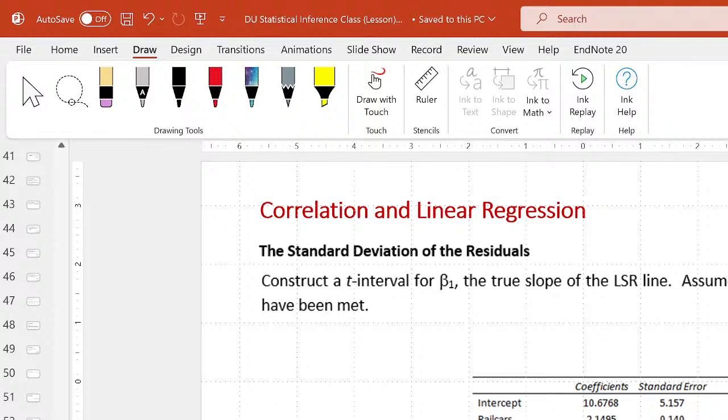Let's see, calculate other regression models, perform an inference. Oh my gosh. It does everything for you. I don't know if you can see this. A t interval for a slope, that's what we did. A t-test for a slope, that's what we did. Oh my gosh, a prediction interval for value of a response variable.